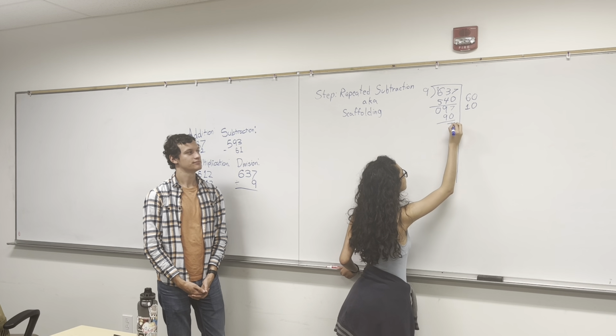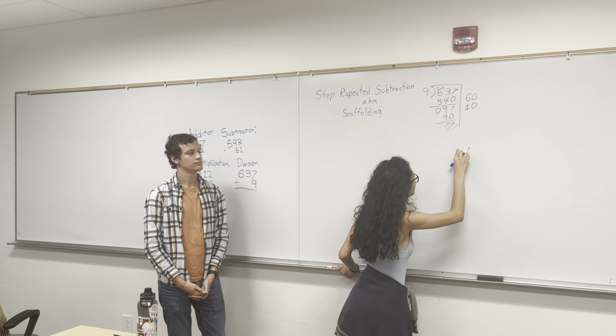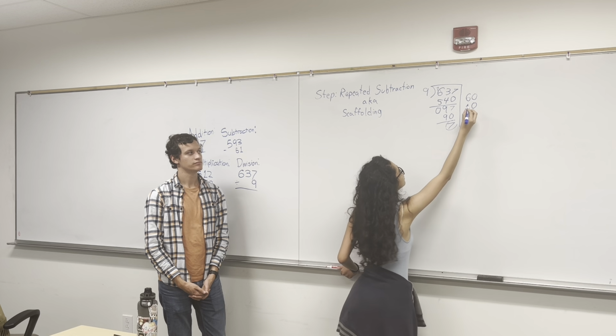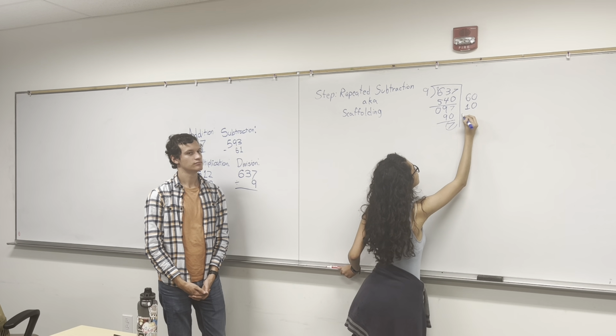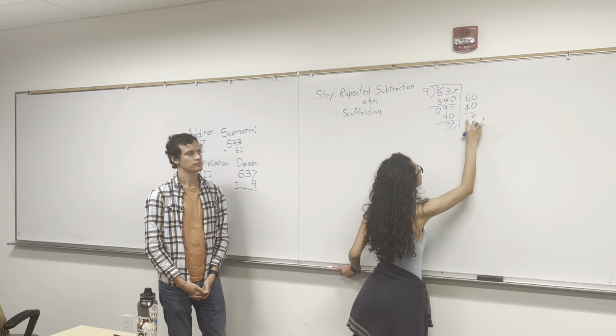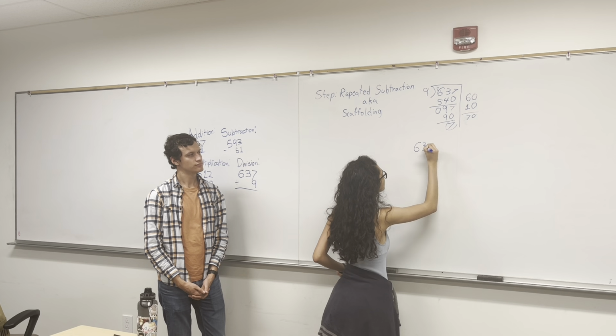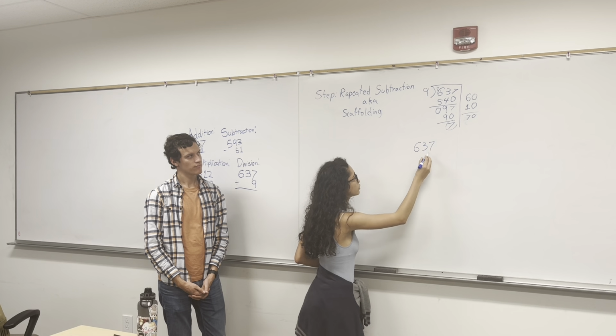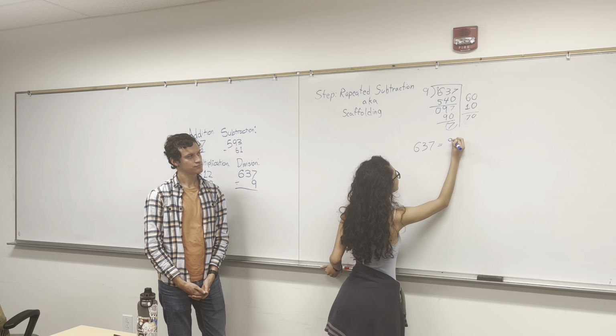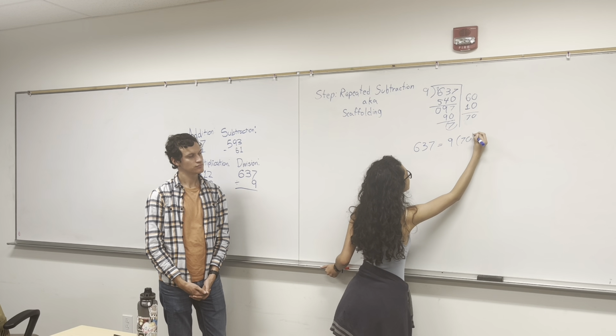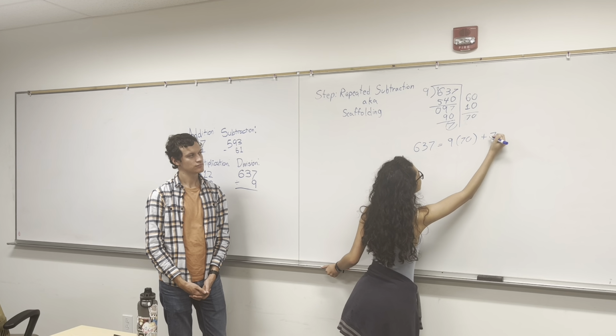It doesn't go in anymore. So with that, we're able to take how many we multiplied right here, add that to get 70. And so our answer is that in 637, we have 9, 70 times with a remainder of 7.